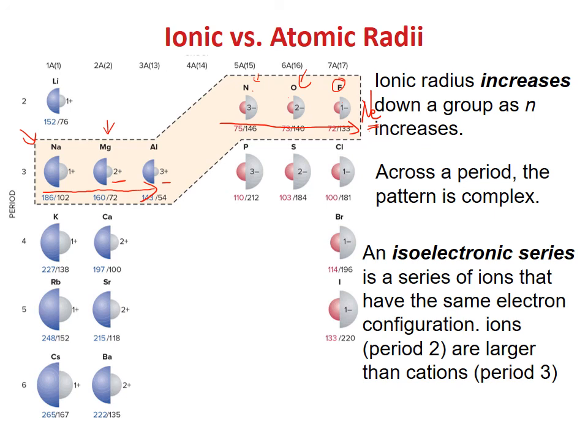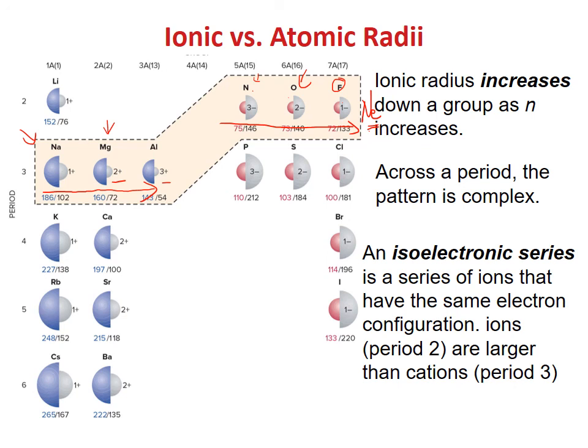As protons increase, the outer electrons are more attracted to the nucleus, and therefore the radius is expected to decrease. Okay, that's what we see here in the isoelectronic series.